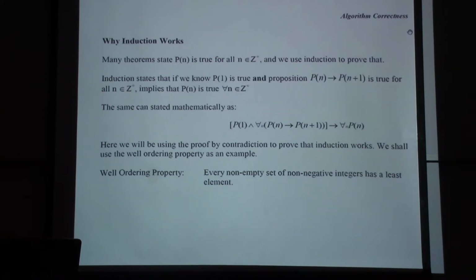Now, when do we show that P of n implies P of n plus 1? When is that? Which step is that? That's the last step. That is the proof step. So what we do, the assumption basically allows us to assume that something is true up to a certain point.